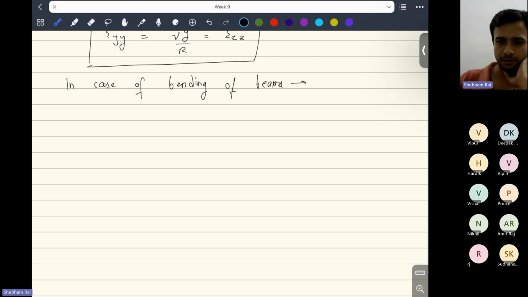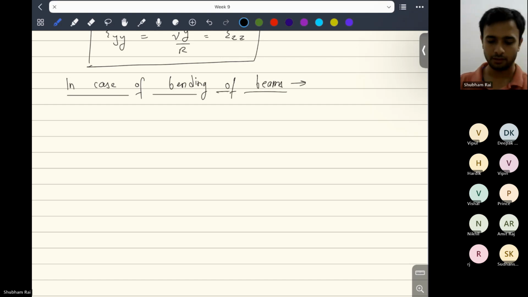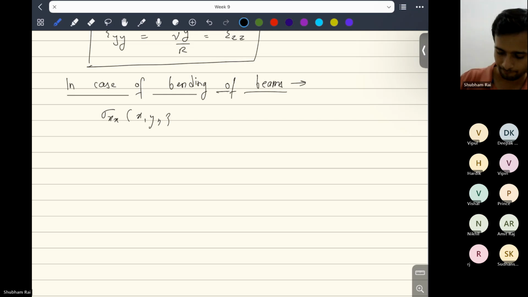In case of bending of beams, you have sigma xx, which will be a function of x, y, z. It is given by minus M(x) into y by Izz. M is now a function of x.